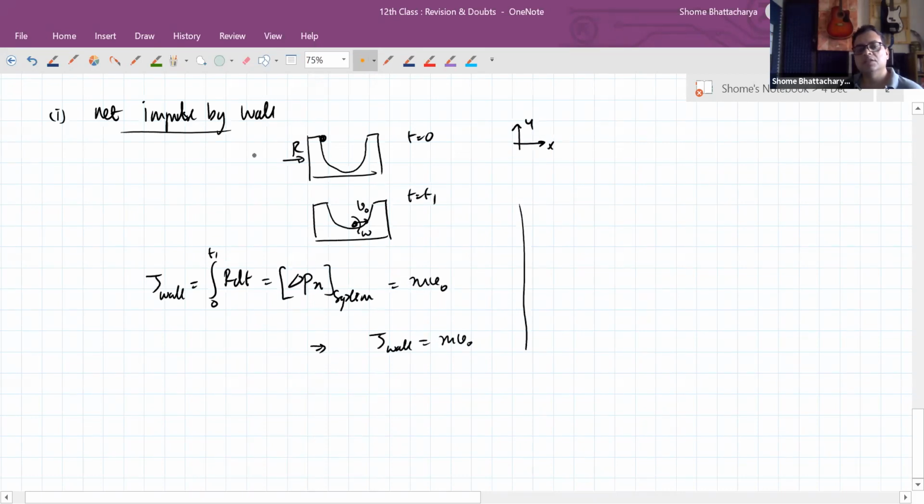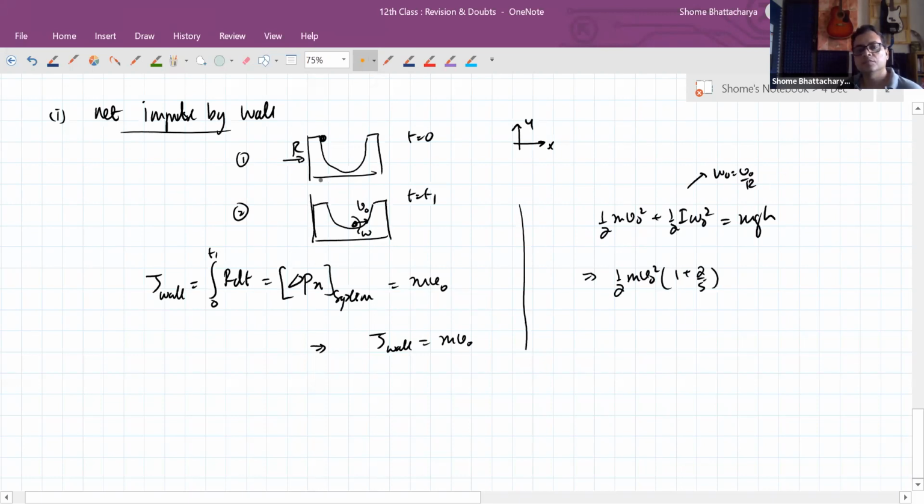Okay, and we just discussed that from picture 1 to picture 2, the sphere rolls down. Because it's rolling, omega naught is equal to v naught by r, because remember this thing is stationary. This is at rest.